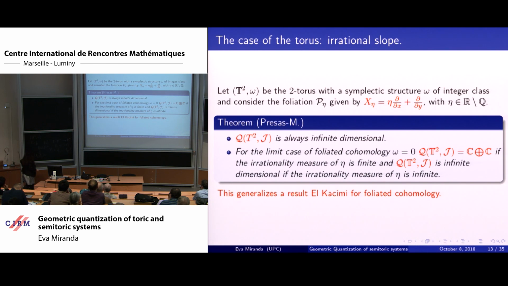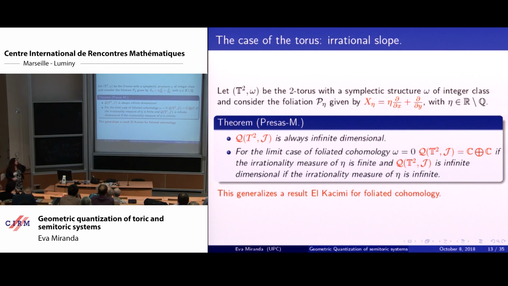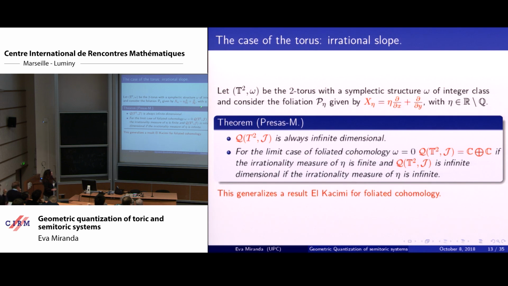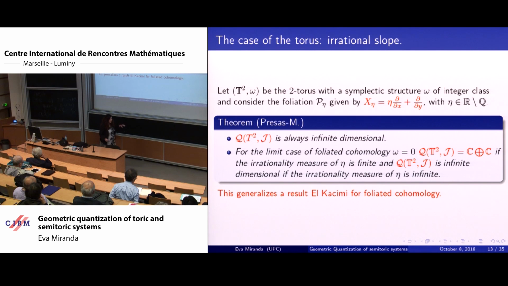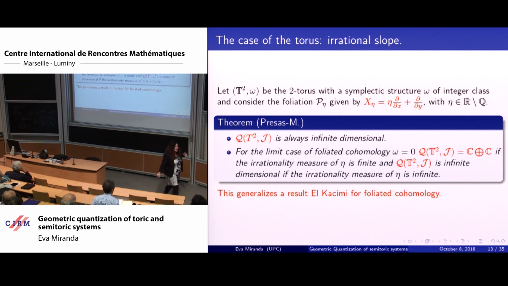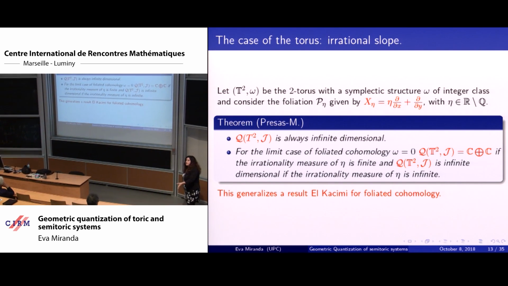And as an example, if I consider the torus and the irrational flow on the torus, so my foliation is just given by the irrational flow, I can compute this geometric quantization. One interesting thing about this viewpoint is that you can look at foliated cohomology as a limit case of geometric quantization.